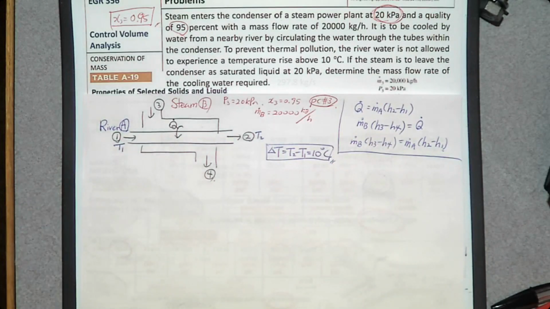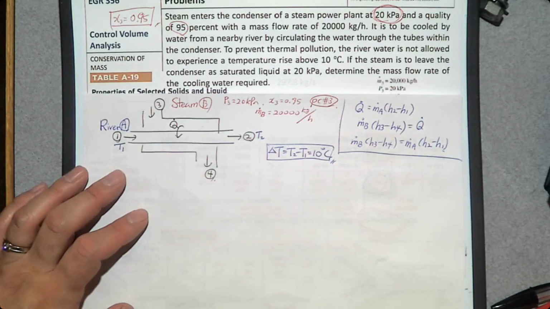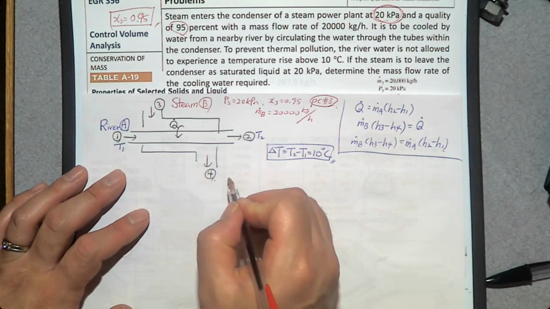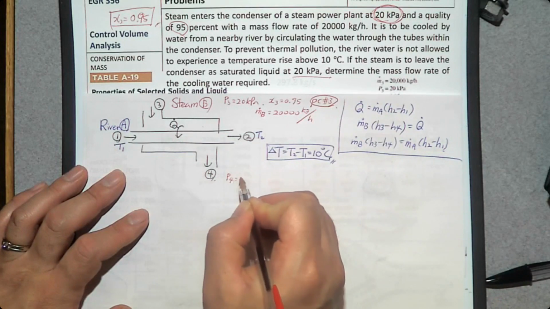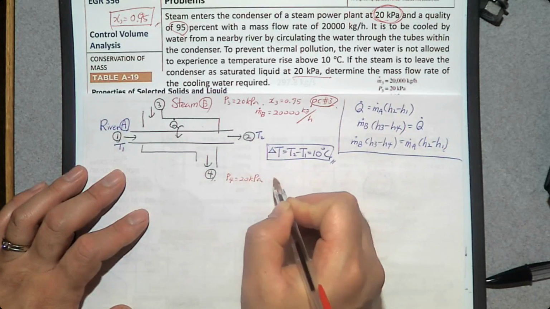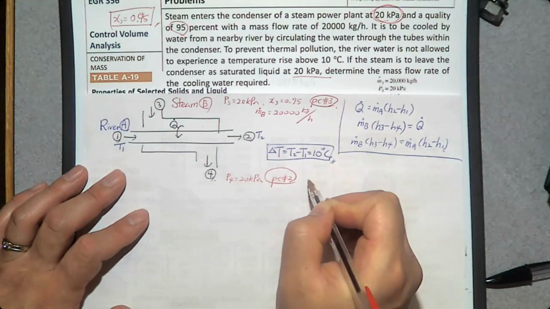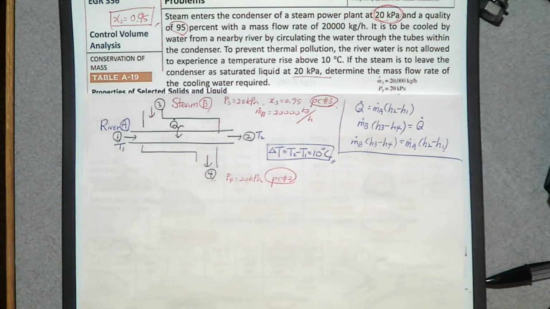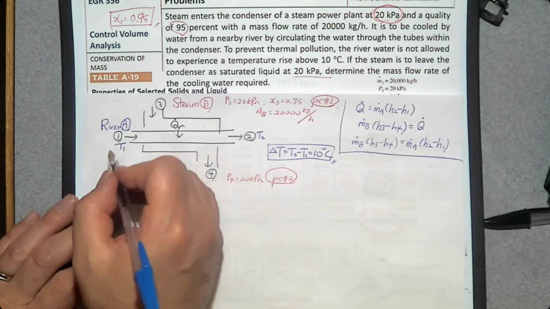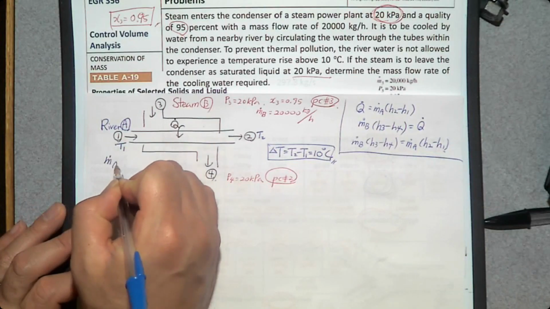If the steam is to leave the condenser as a saturated liquid, so we have information at number 4. So still 20 kilopascal, P4 is 20 kilopascal, and it is phase change process number 2, saturated liquid. We want to determine the mass flow rate of the cooling water required. So what we want to determine is m dot of A.